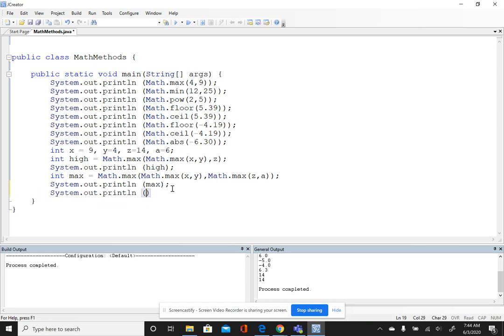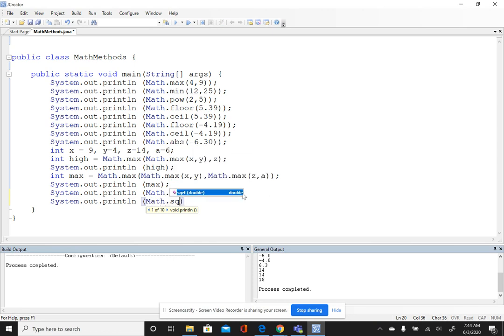Let's say math.round and I have 17.34. Since we're going to round it, it's rounded down because the decimal is less than 5, so 17. Now if you have 17.7, then it will be rounded up to 18. So that's round.